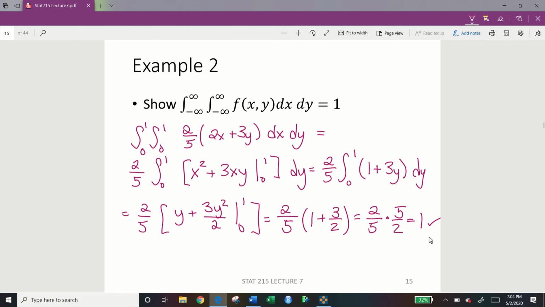Perfect. Looks good. We've successfully shown that our double integral is equal to 1.